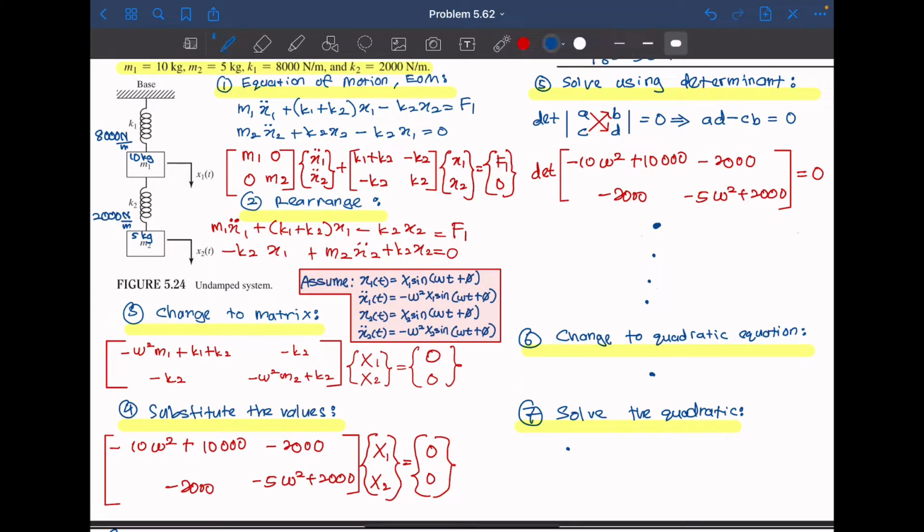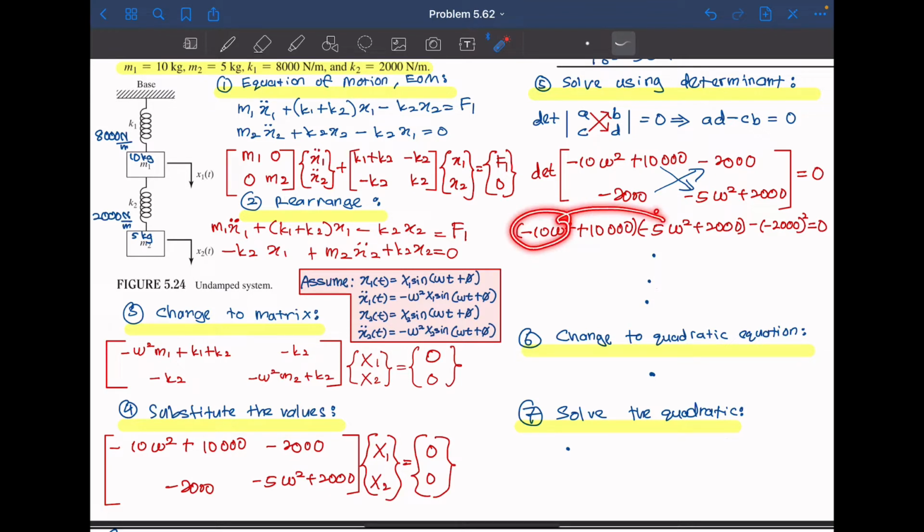So solve the determinant, where a times d, this part here, you multiply, and this part here, you multiply, and then minus each other, then you'll get this. And then solve that by the normal expansion if you have brackets.